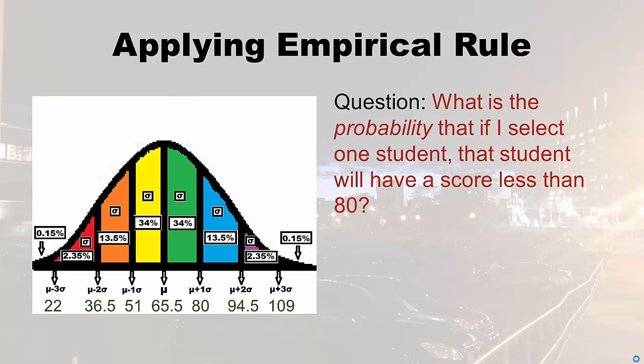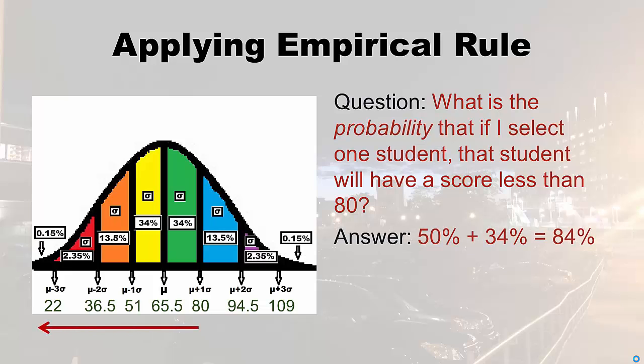So the point of me giving you this quiz question is to point out that percent and probability mean the same thing when you talk. So either I'm going to say what percent of the data are below the score of 80, or what is the probability that if I select one student, that student will have a score less than 80. That is actually the same question.